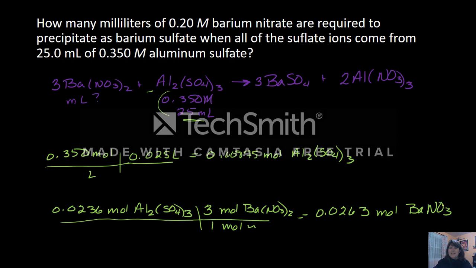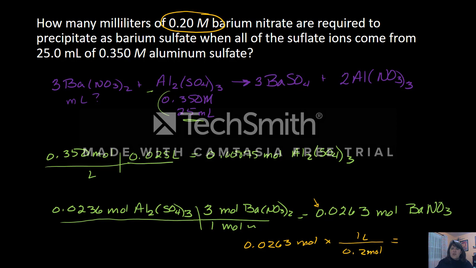I went too far in the video to go back and stop and restart. I'm not doing that. Okay, then I have to go back at the problem and take a look at what I had. I was given a 2 molar solution and I know my moles, and so I need the volume. So I'm going to take this number, 0.0263 moles, and I'm going to multiply that times the molarity, but I got to flip that upside down, so I have 0.2 moles in 1 liter.